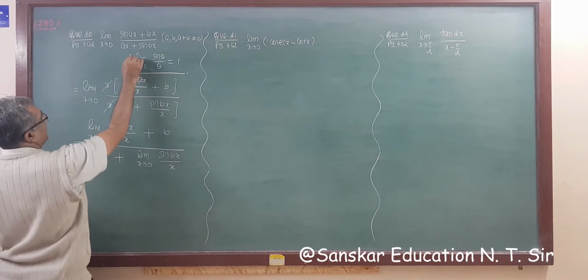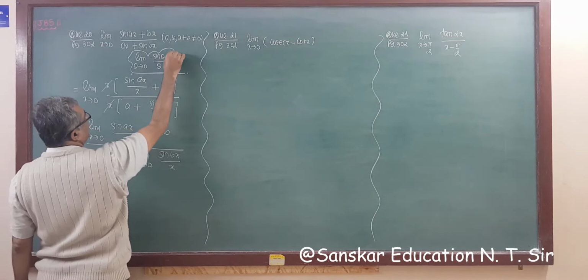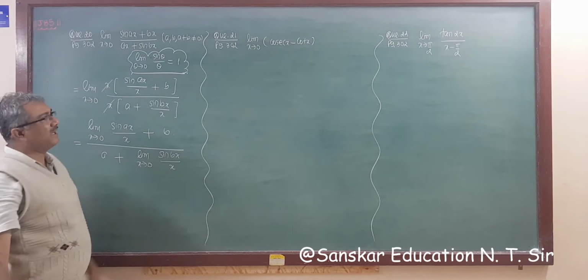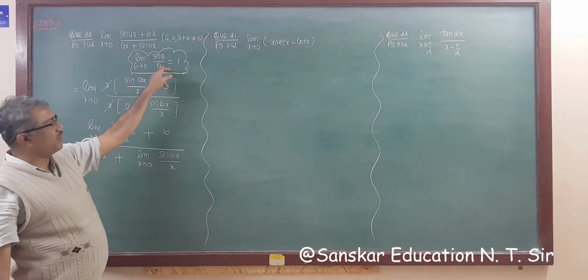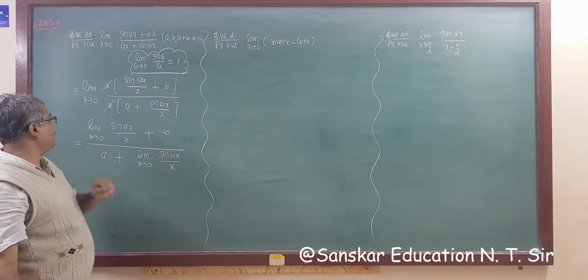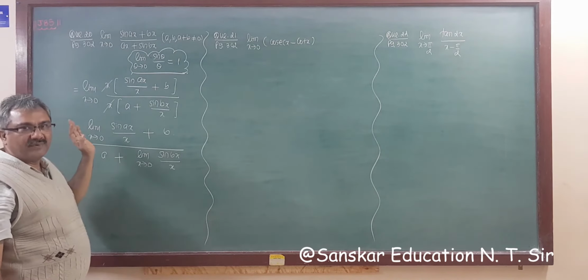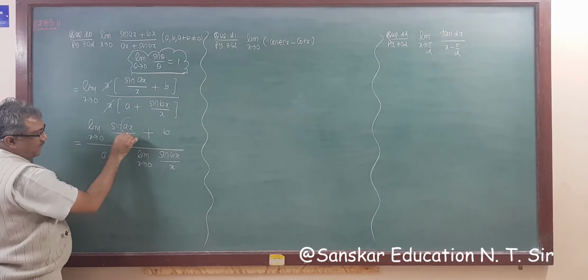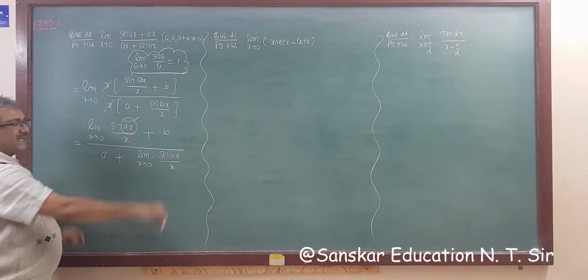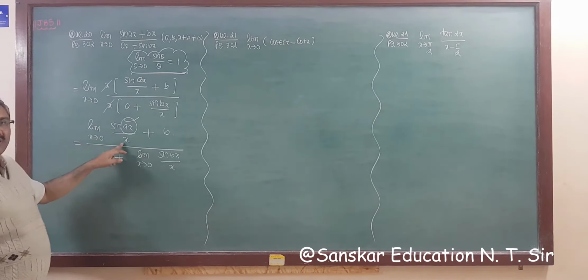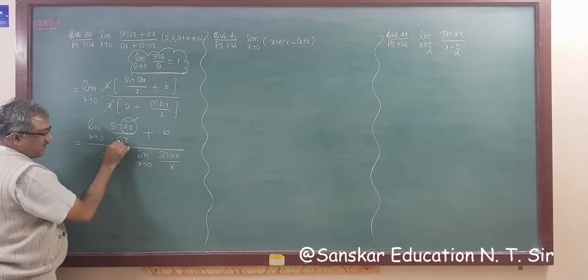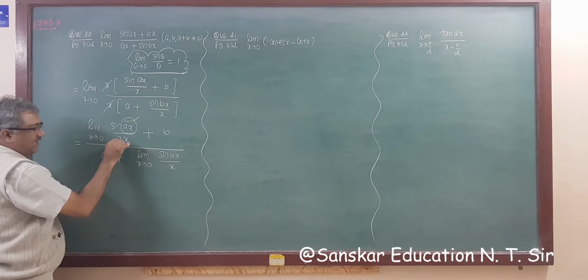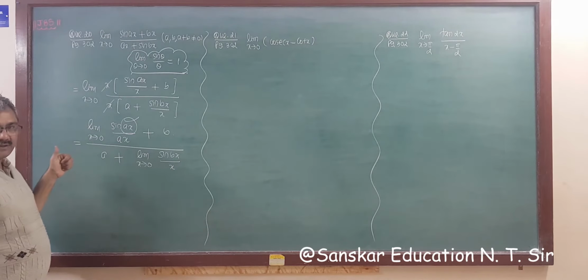Now if you wish to apply this formula, then we want theta upon theta, and theta tends to 0. So x tends to 0 is there. Now here this is your theta. Theta is ax, and here in denominator only x. That means we have to multiply by a in numerator.